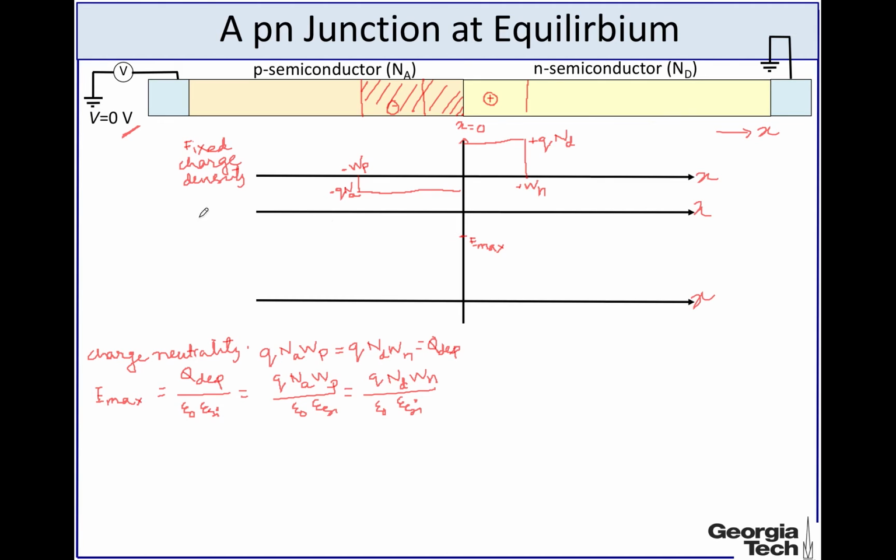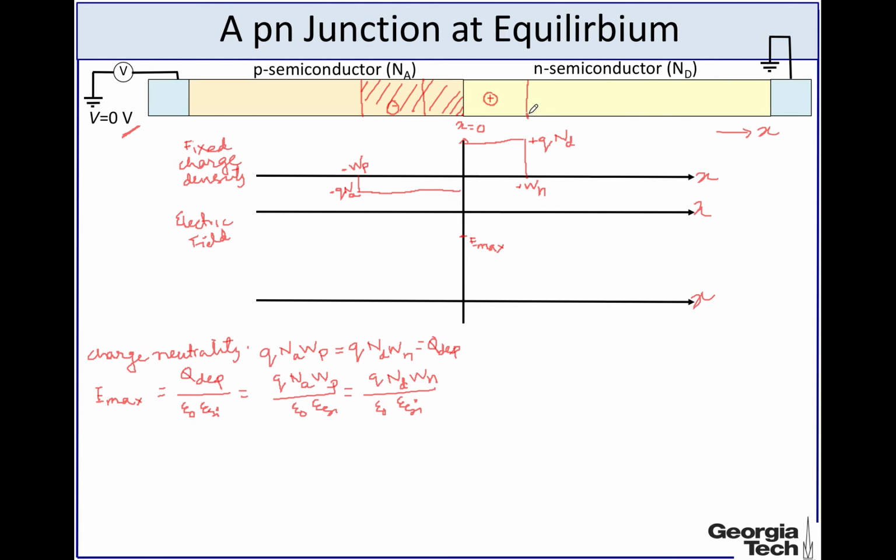In this plot we have plotted it negative because we say the electric field in the positive x direction is positive, and this electric field points in the negative x direction.